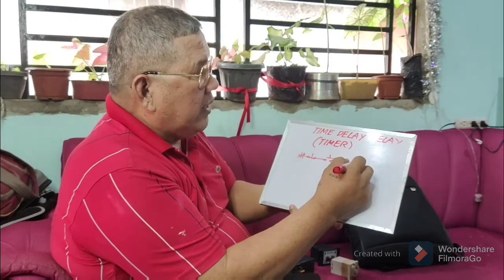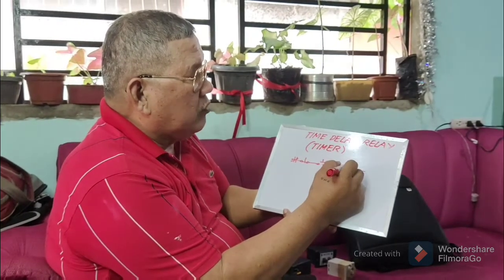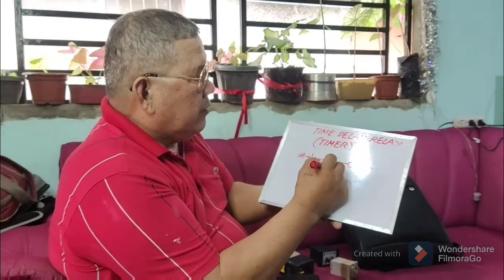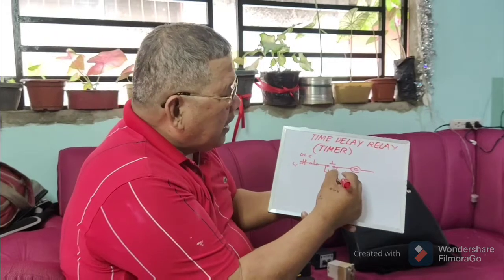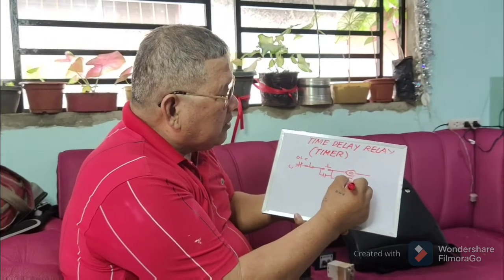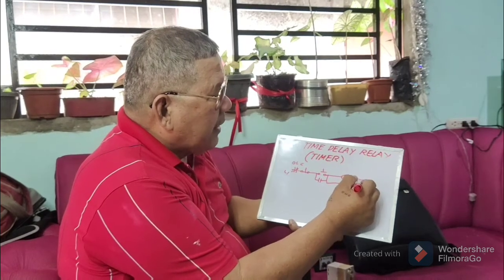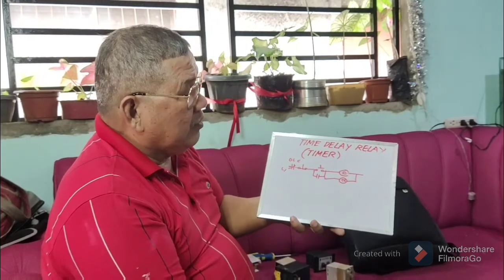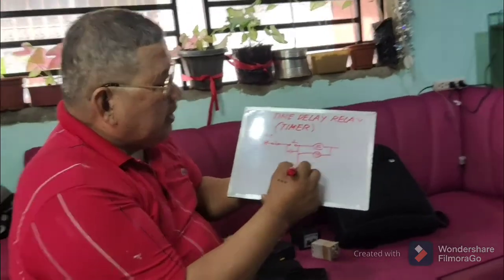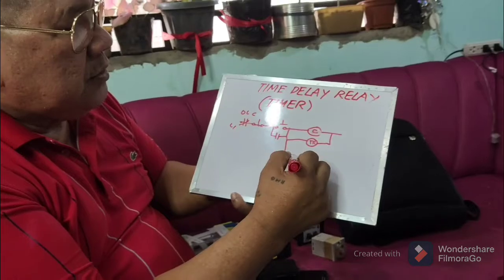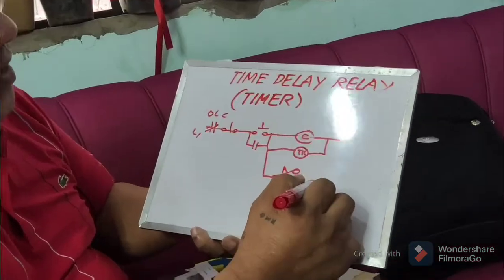You have your magnetic coil here. From the contactor, you will say contactor. You have maintaining contact, OLC. Then you connect the time relay, I will place it parallel to your contactor holding coil. And then here is your timing contact. Like that.